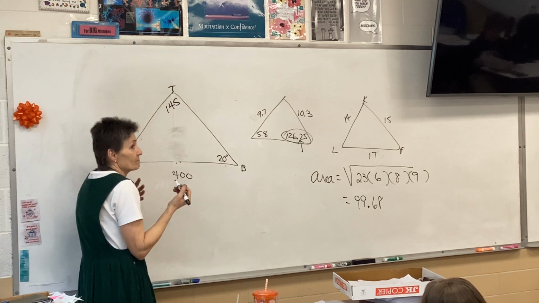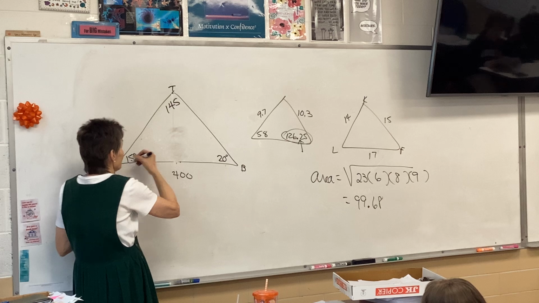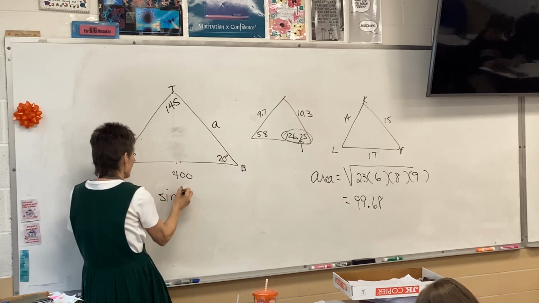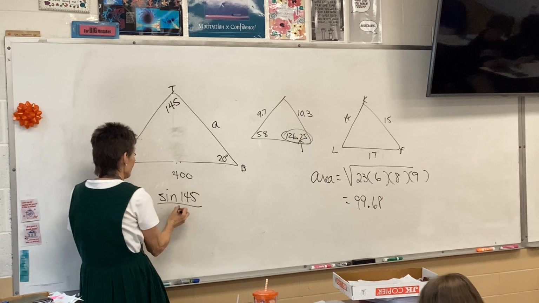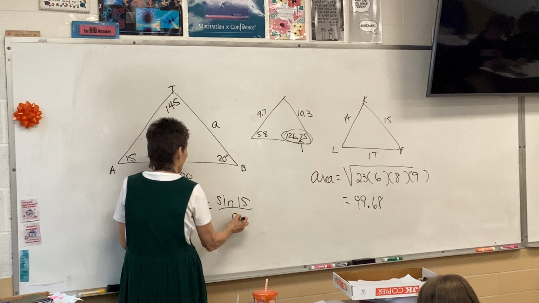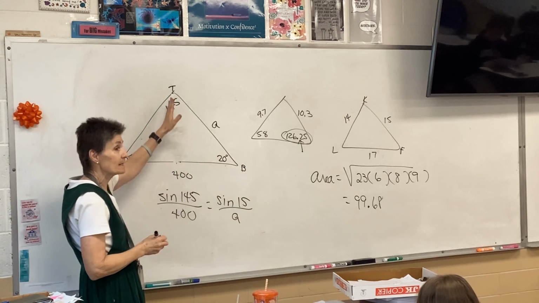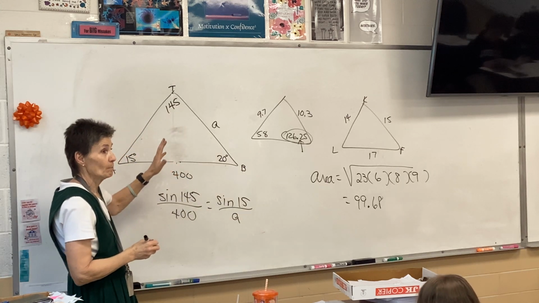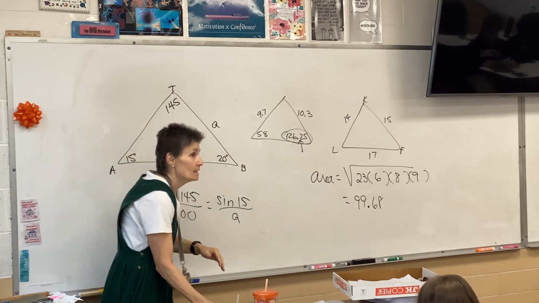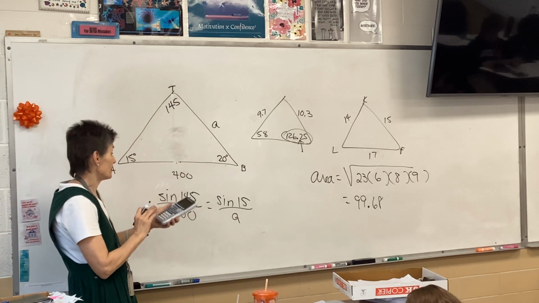And then, doesn't matter which one, I could find side A, let's say. So sine 145 over 400 equals sine 15 over A. I have taken out my tree, and I'm looking at the whole big triangle. Can I find A?